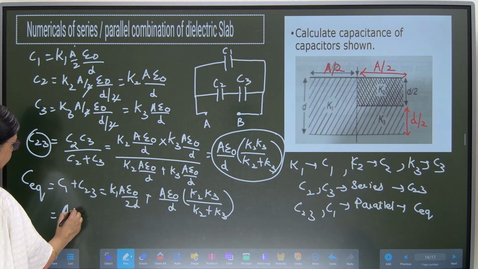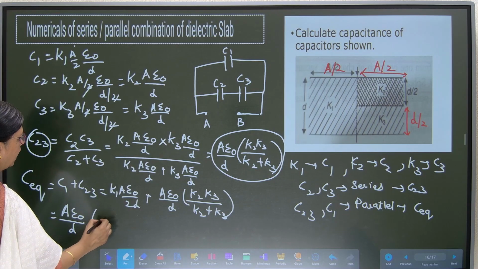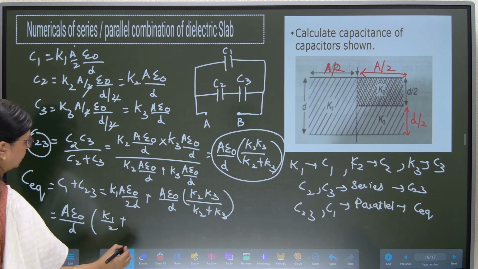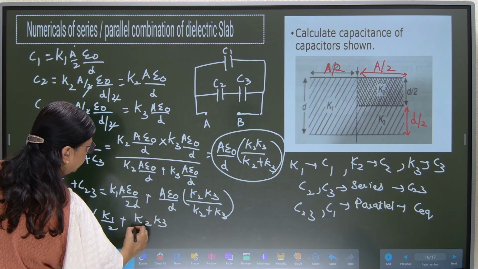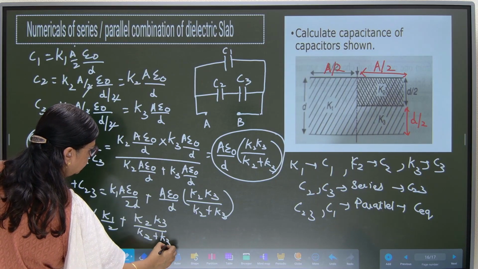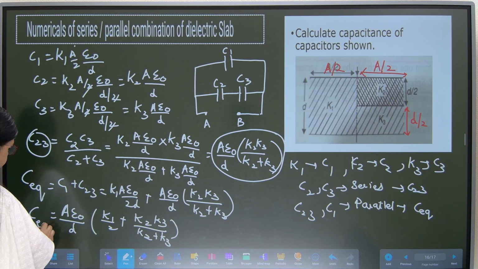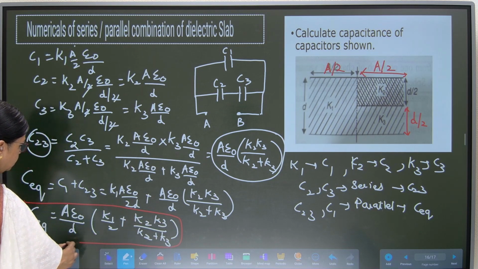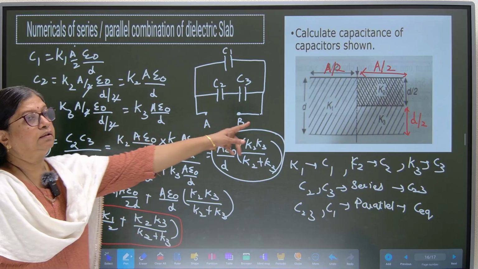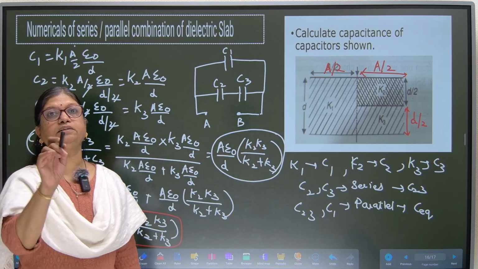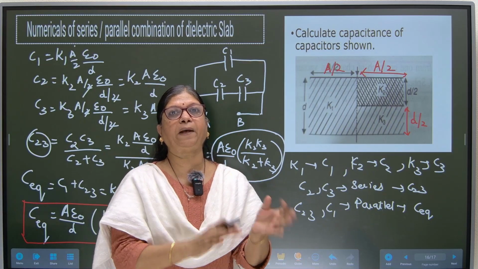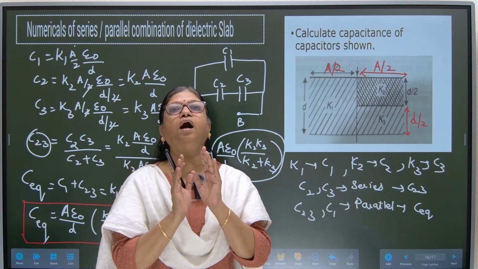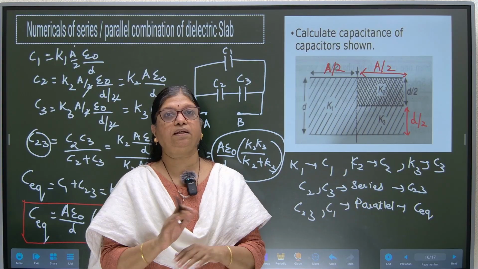Taking A epsilon naught upon D as common, we have K1 upon 2 plus K2 K3 upon K2 plus K3 as the final answer for C equivalent of the combination shown to us in the diagram. Once you understand the slabs in series and the slabs in parallel, your work is nearly done.